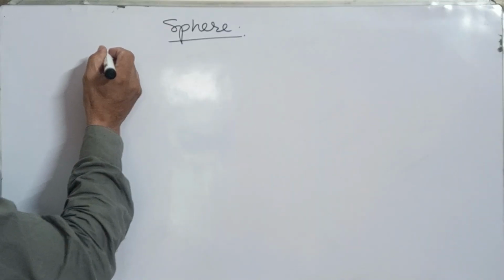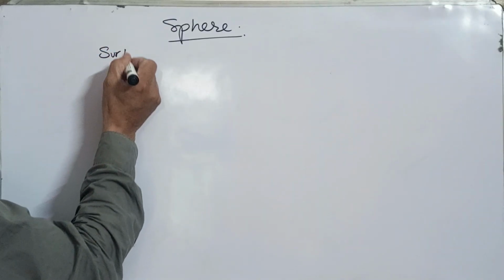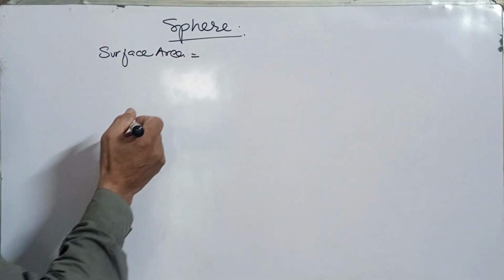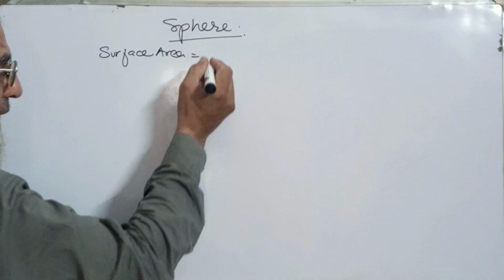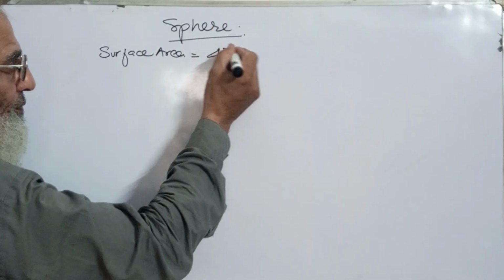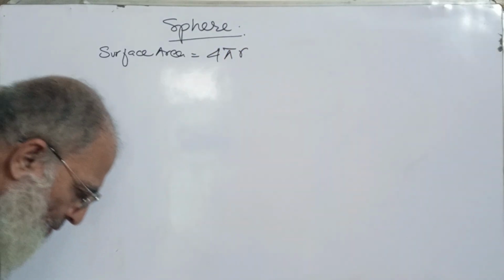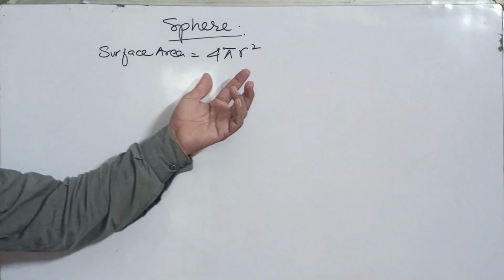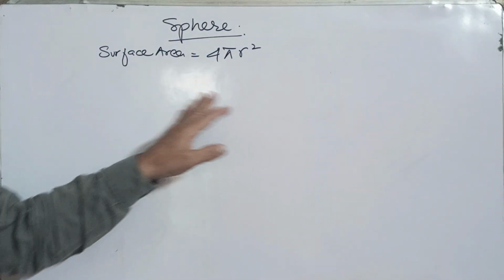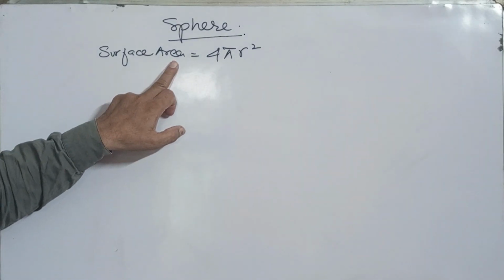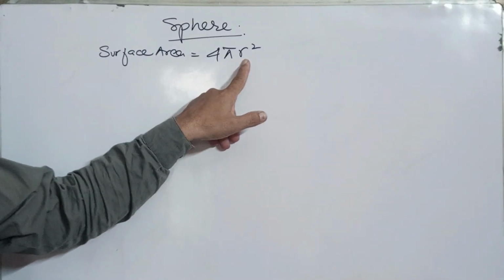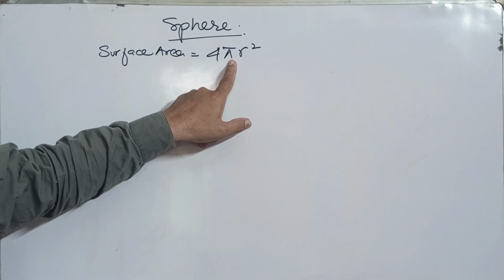The surface area of a sphere is equal to 4 pi r square. You see that in a circle, because that was a two-dimensional figure, the area was only pi r square.